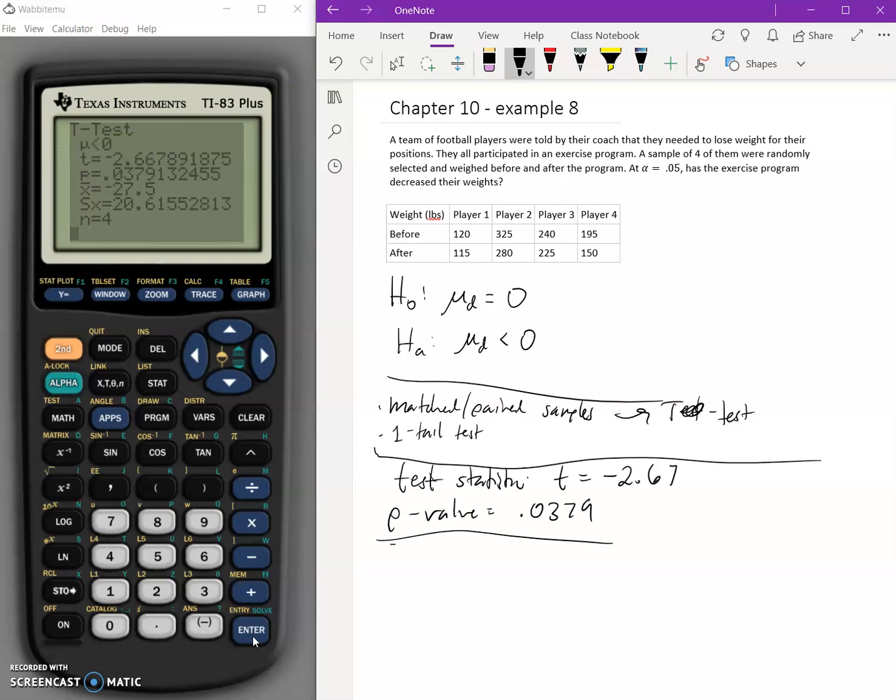0.0379. So now we see that since the p-value, which is 0.0379, is less than 0.05, which is equal to alpha, we reject the null hypothesis.